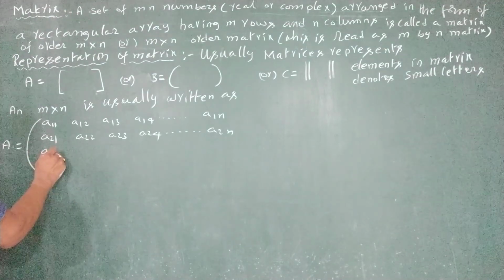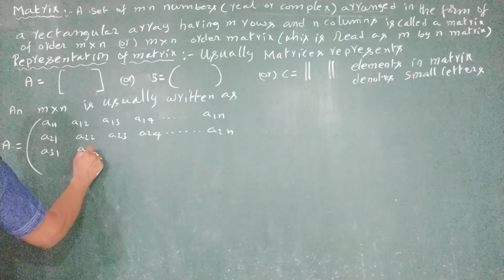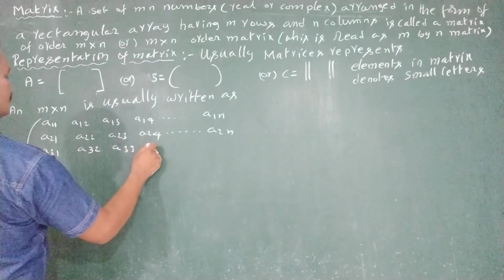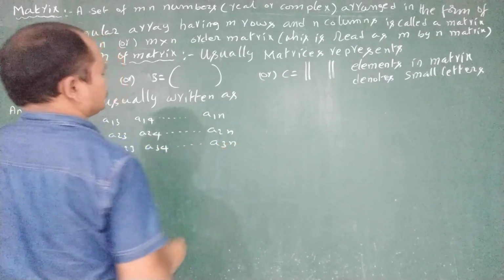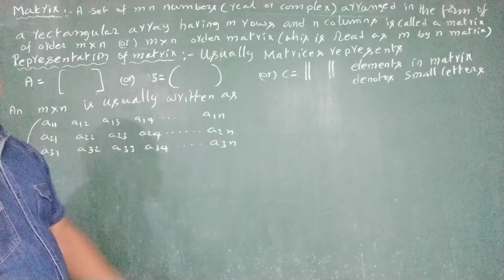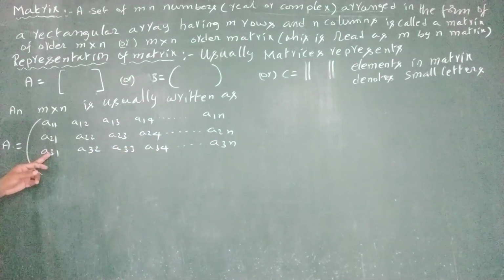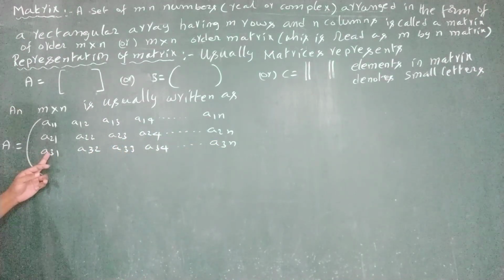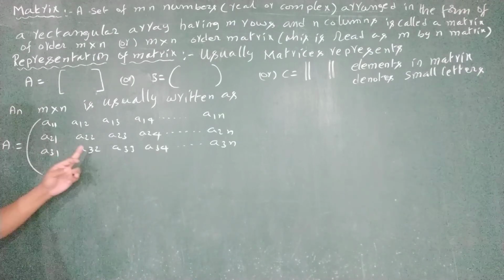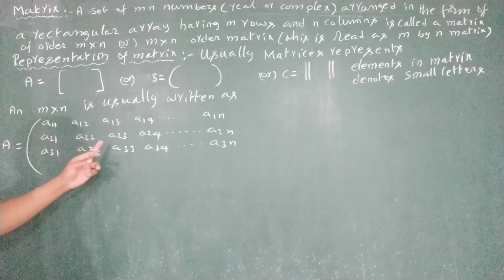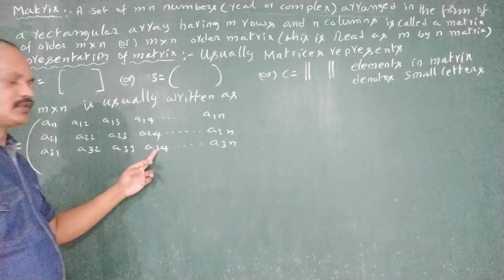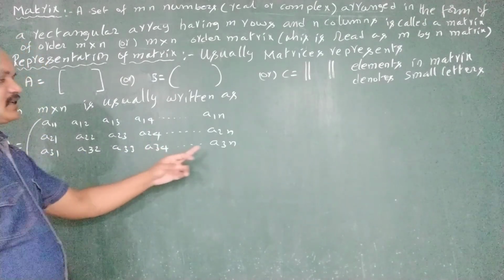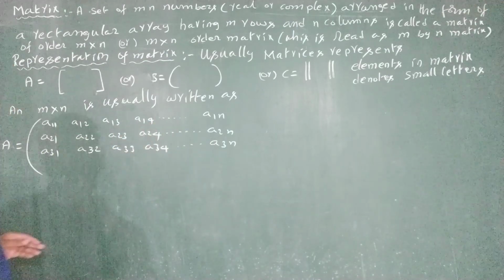Here a31, a32, a33, a34, and so on, up to a3n represents the third row: third row first column, second column, third column, fourth column, up to the nth column.